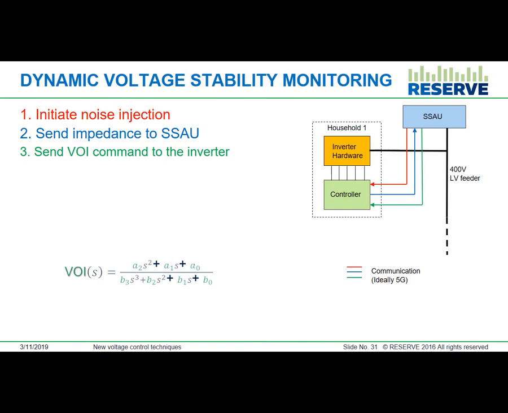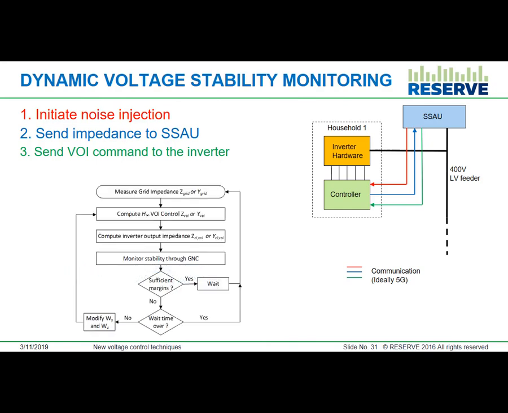The virtual output impedance control is a linear controller, just some coefficients which the substation sends back to the inverter, and the inverter then changes its impedance. When we say it changes its impedance, it's just implementing those damping schemes at higher frequencies. So it's a higher frequency behavior change.